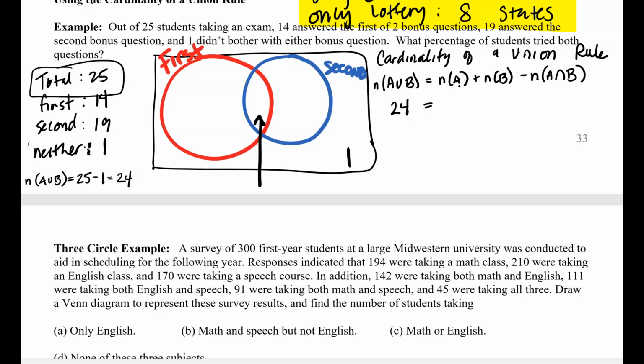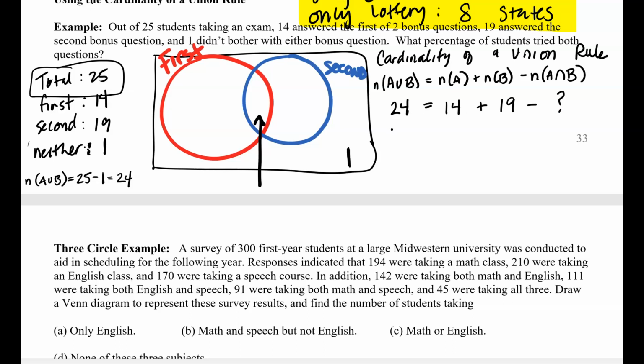And then the number in A, in this case our first question. There were 14 that answered the first question, 19 that answered the second, and I don't know what this is. You could call it X or a question mark or write out N of A intersect B, however you want to write it.